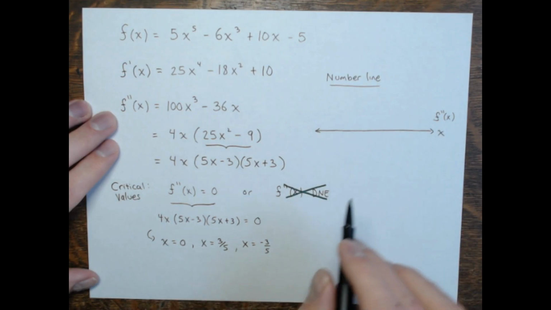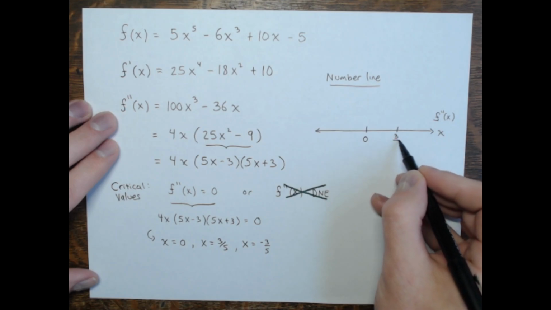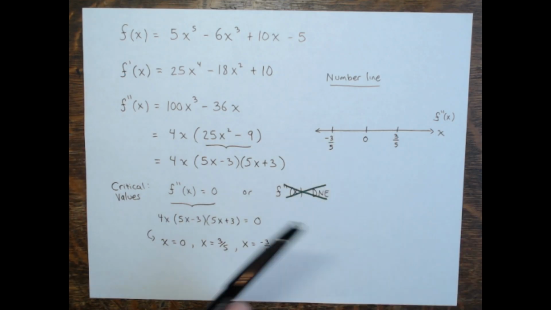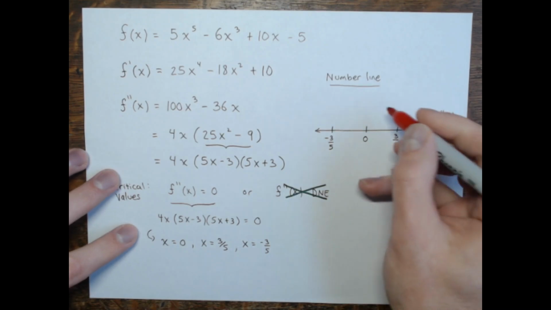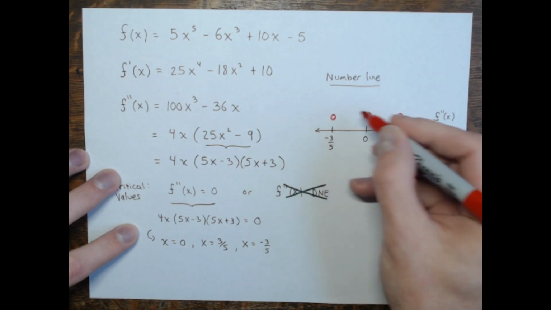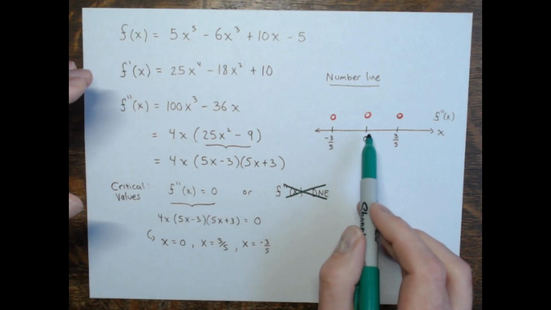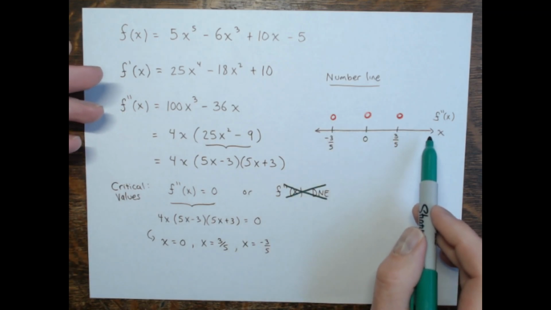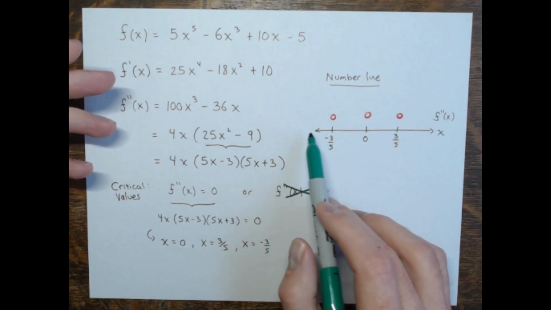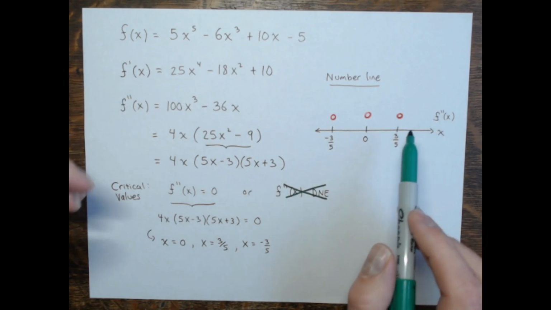So I mark off where the second derivative is 0, so at x equals 0, positive 3/5, and negative 3/5. And I'll say, hey, the second derivative is 0 at these values. And then these critical values, right, they break the number line up into so many intervals, right? This is 4 intervals here. There's to the left of negative 3/5, between negative 3/5 and 0, between 0 and 3/5, and to the right of 3/5.